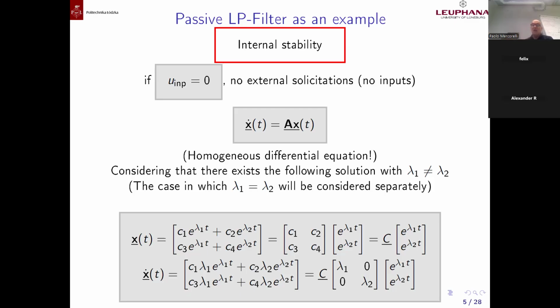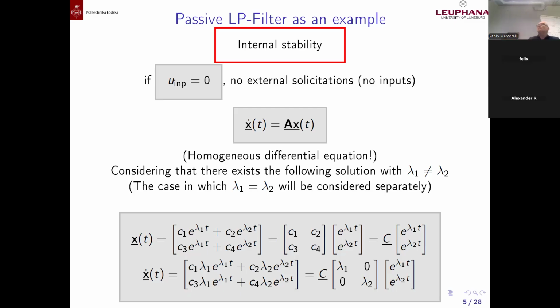This case, I think I have in this slide. Otherwise, I can find the slide to analyze the case lambda 1 equal lambda 2, even though in a practical sense it is not extremely relevant, because it is a mathematical condition.